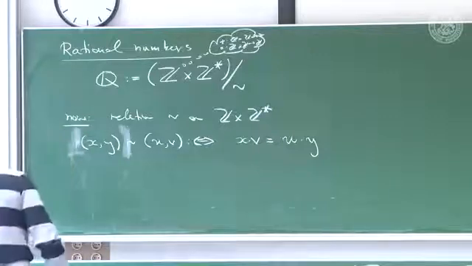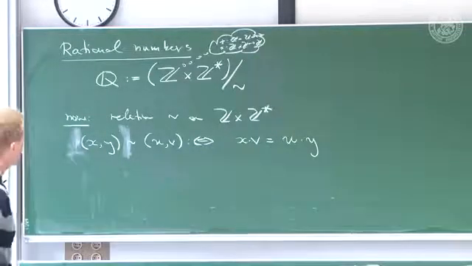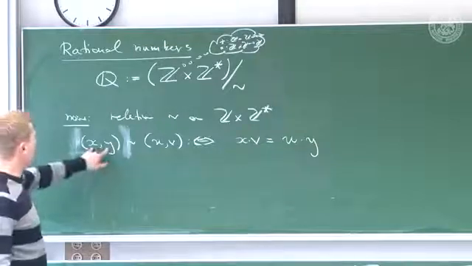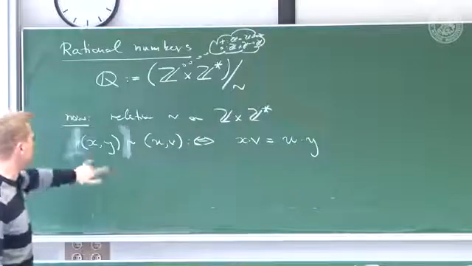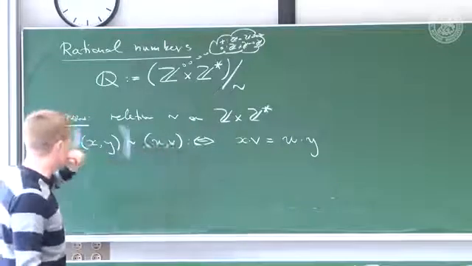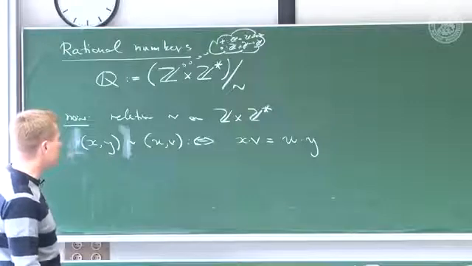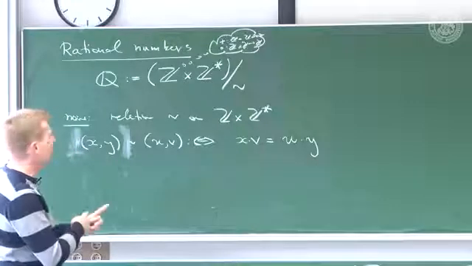You believe me that this works in similar fashion. And now we call a pair x, y of an integer and a non-zero integer equivalent to a pair of such, called u, v, if xv equals uy.